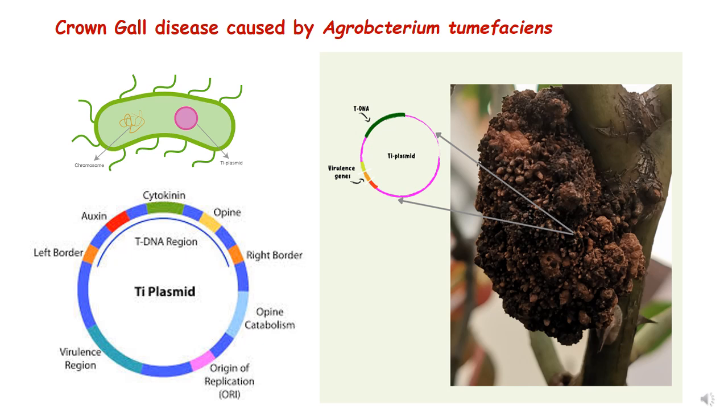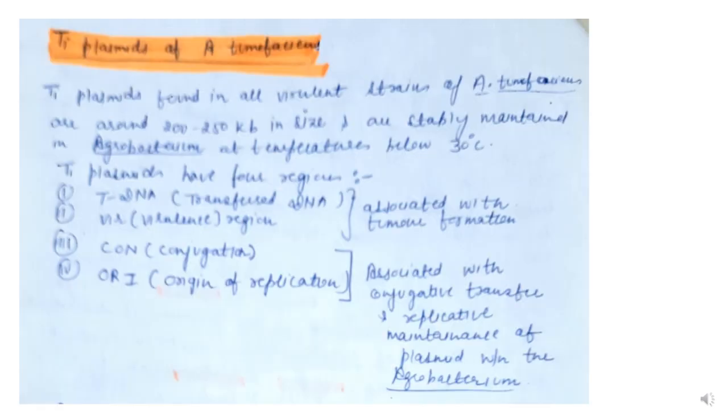Along with this, there is the origin of replication region, and there is the opine catabolism region. So these are the four regions of the Ti plasmid: tDNA, Vir region, Con region, and Ori region, which have different roles to play.